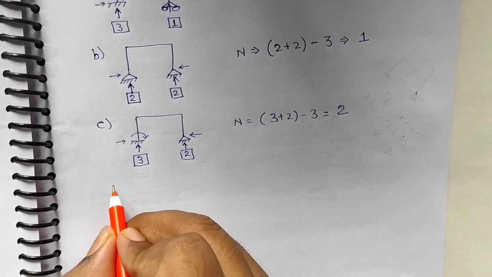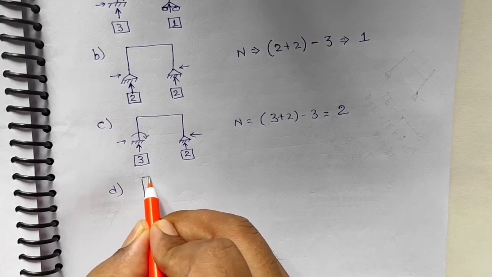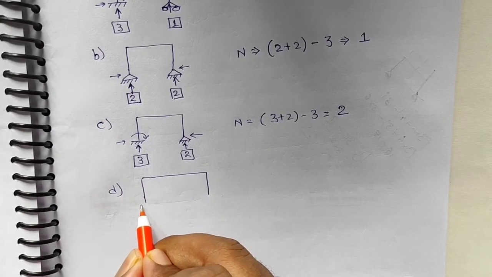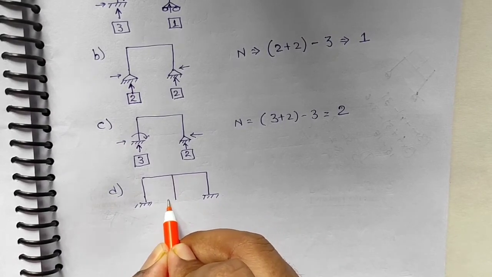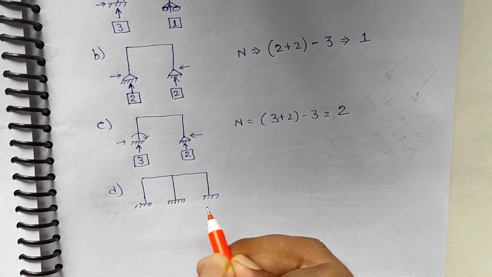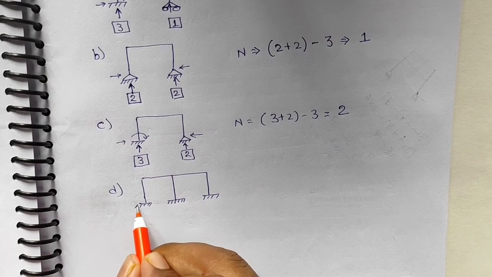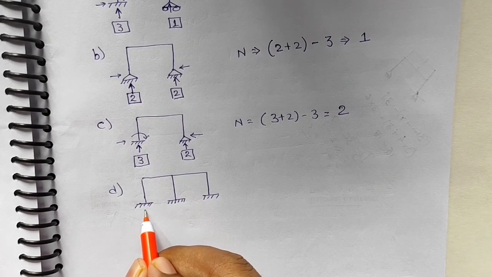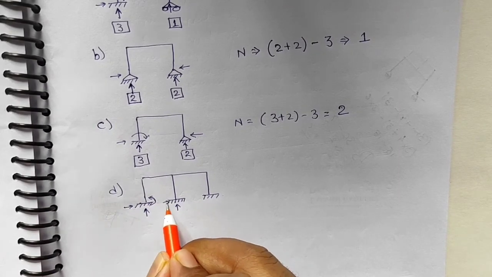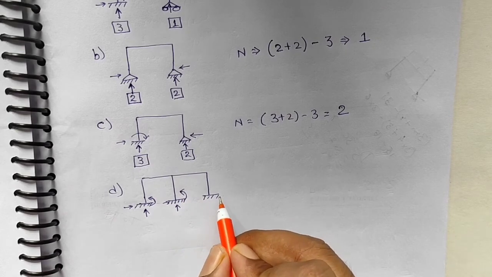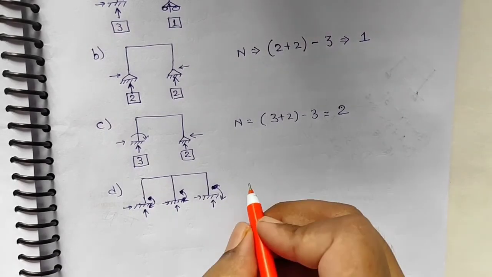Now, one last example I'll take: if a frame is like this, and one more member is also given at the center, then in this case, as I know that there are three fixed supports, each will give me three unknown reactions.